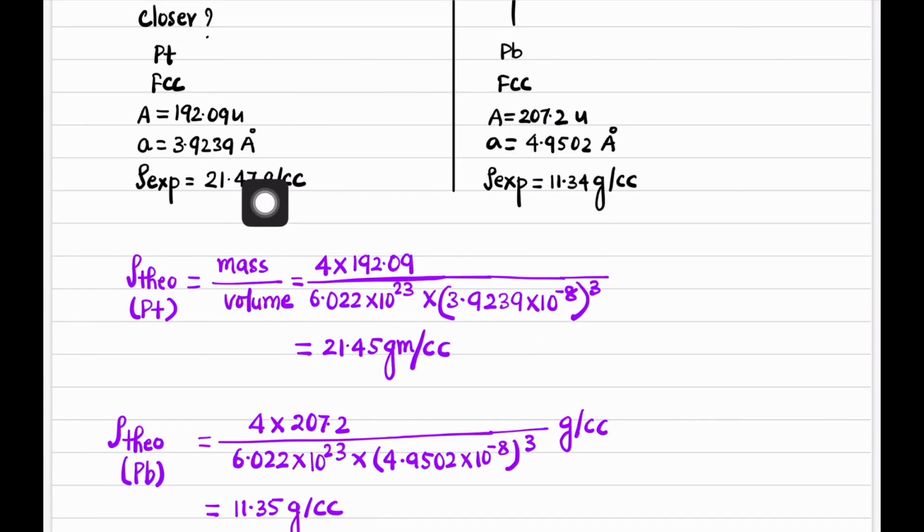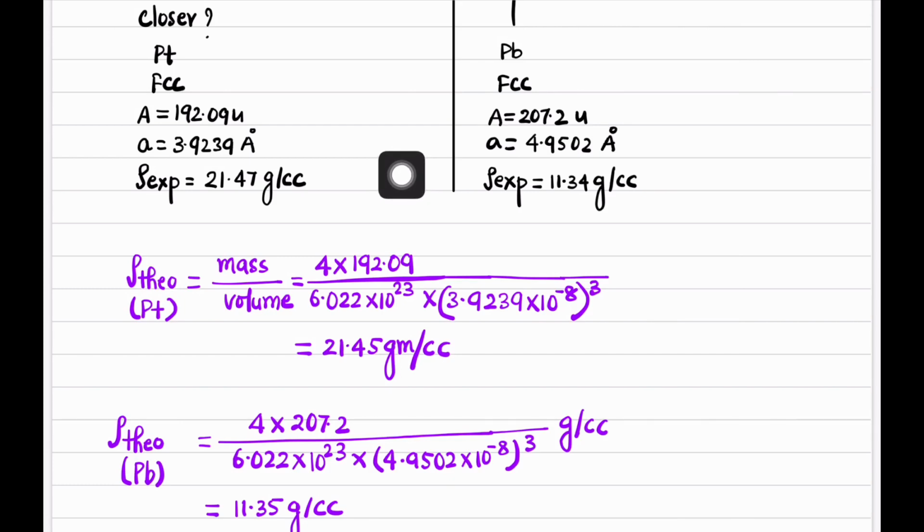Now we can see that there is a difference between experimental density and theoretical density for both platinum and lead. This is due to the fact that the estimation of X-ray density is based on the assumption that all sites are occupied and atoms are hard.